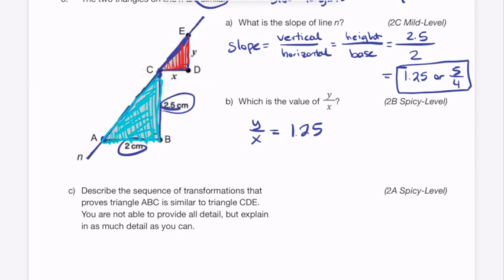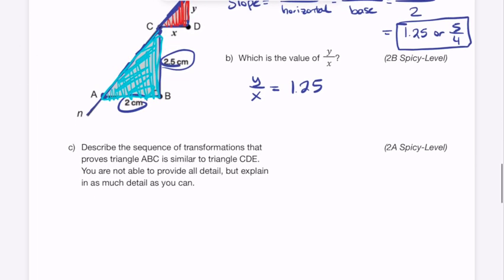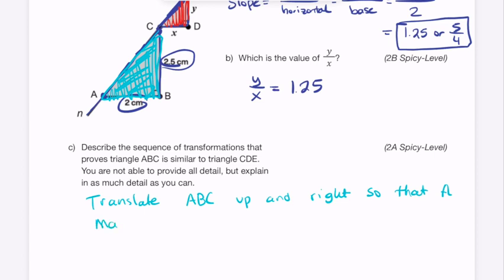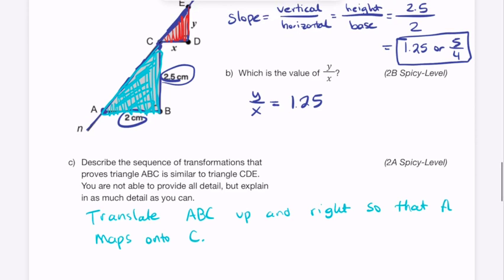So translate ABC up and right so that A maps onto C.